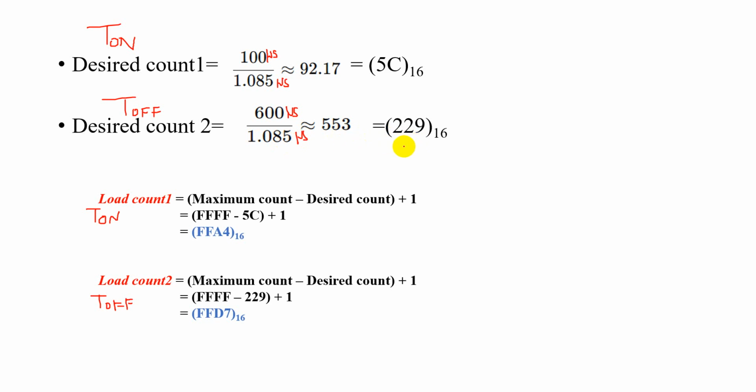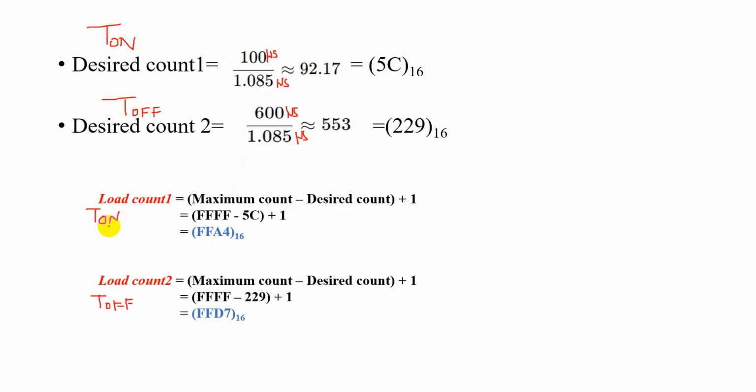Next, we need to identify the timer load values for on and off. The timer load value for on is the maximum count FFFF minus the desired count we calculated for the on mode, 5C, plus 1.